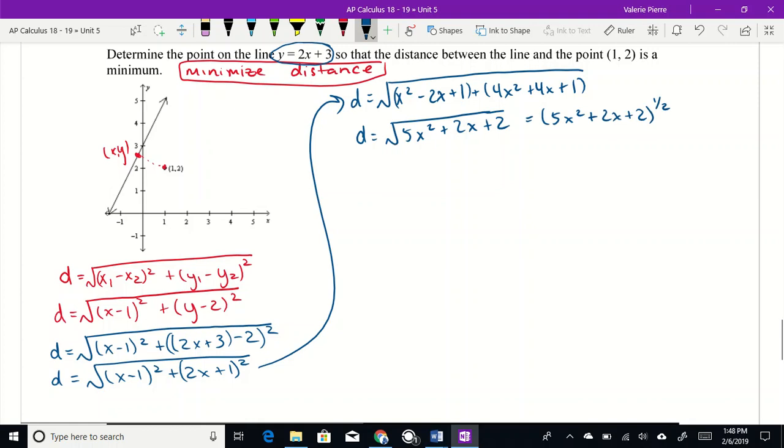So now I have officially completed steps 1 through 4. And my next item of business is to find the derivative.